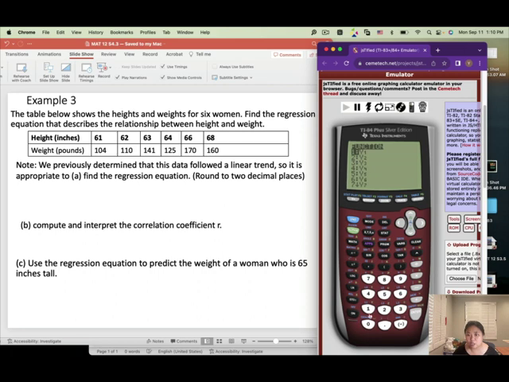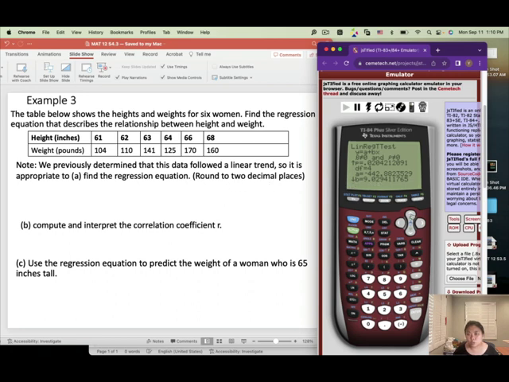Click on number 1, Y1, and then go to Calculate. Enter. So you're going to see the regression equation y equals a plus bx. Here they give a equal to negative 442.88, and b is 9.029 here.